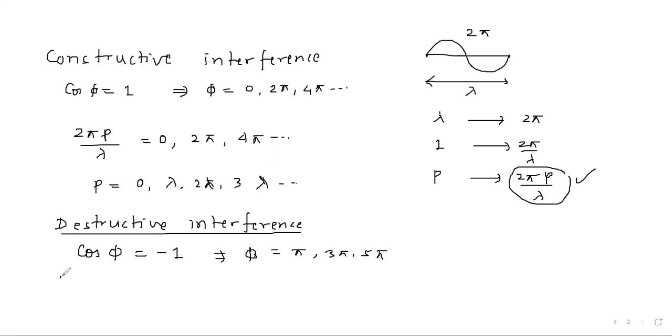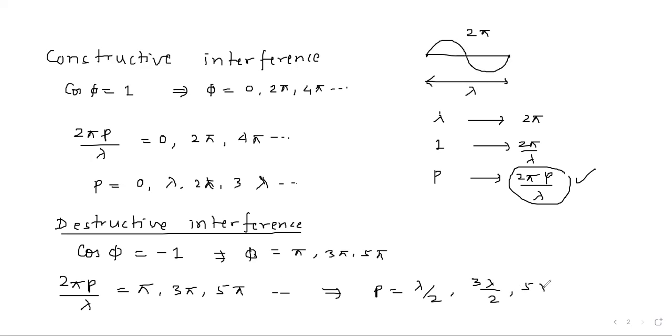So we can say that 2 pi p upon lambda must be equal to either pi or 3 pi or 5 pi, etc., which will give p equal to lambda by 2 or 3 lambda by 2 or 5 lambda by 2, etc. So this is the condition for destructive interference.